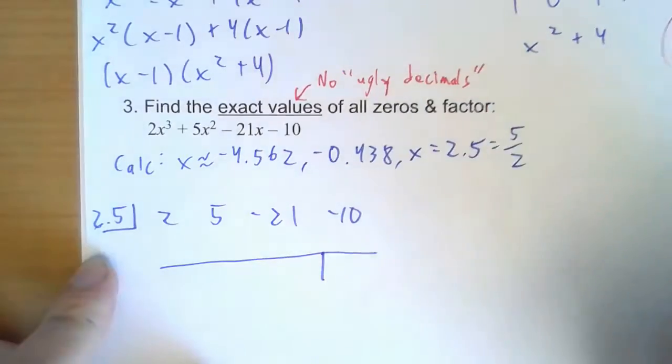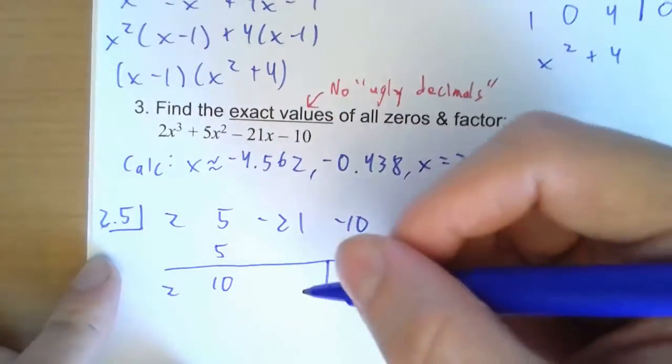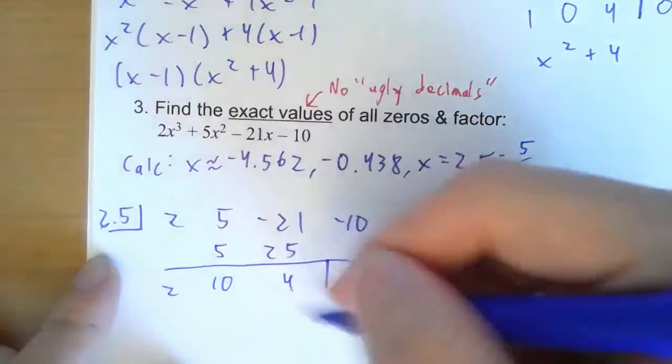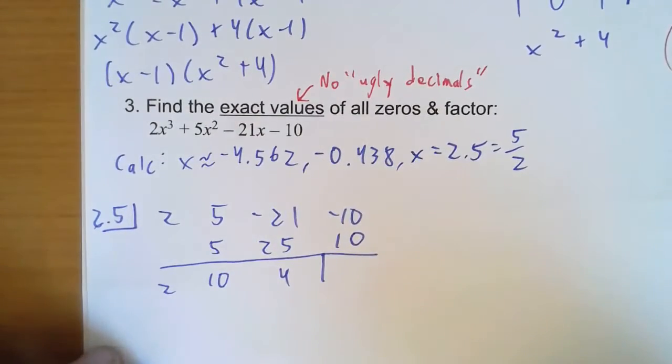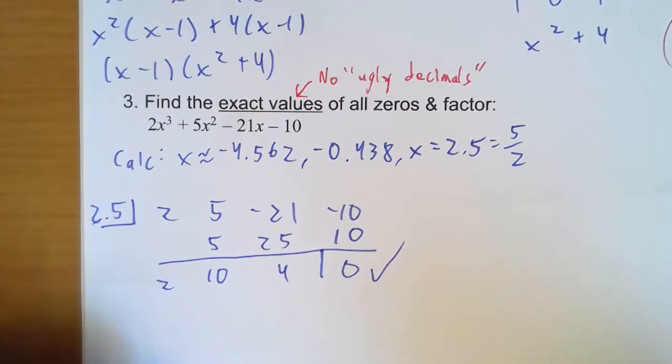Okay, do this synthetic division: copy it down, multiply, add, multiply, and add. And it's kind of like 4 quarters is a dollar, just with the decimal place. And then I know I did it right because I've got a remainder of 0.